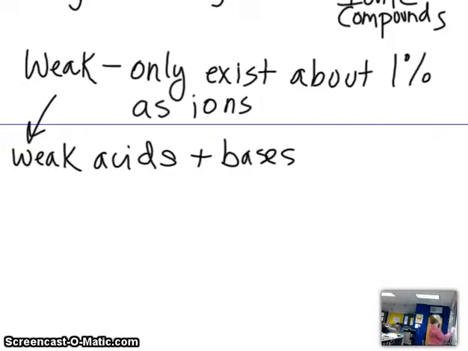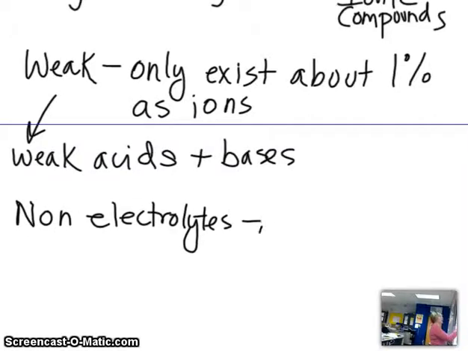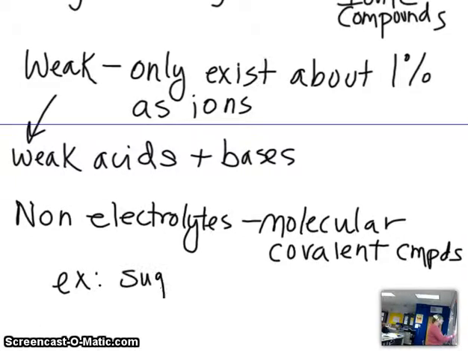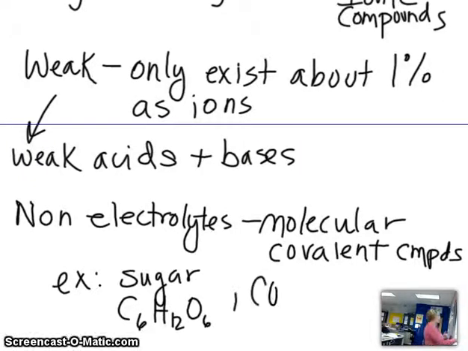And then we have non-electrolytes. And your non-electrolytes are your molecular substances, your covalent bonds. So mostly those things that are all nonmetals. Like sugar, right? That's C6H12O6, okay? Or any other type of covalent compound for that matter.